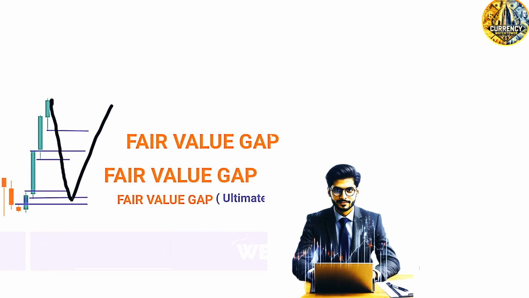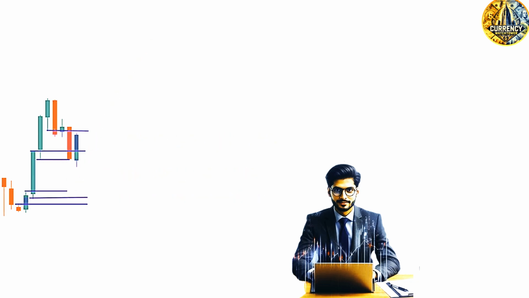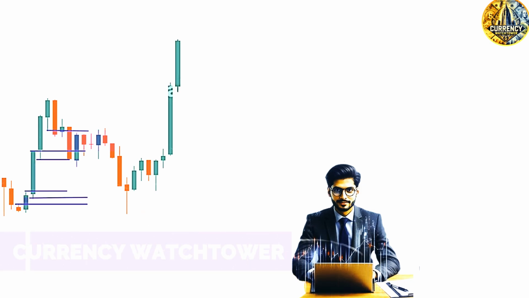If these 2 fair value gaps were not here, the market would have reached this level, filled the gap, and then moved upward. However, since 3 fair value gaps have formed, there is a higher chance of the market reaching this level. As you can see, the market has given a pullback here, reached the earlier fair value gap, filled it, and then moved upward.